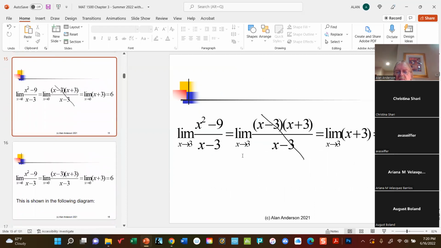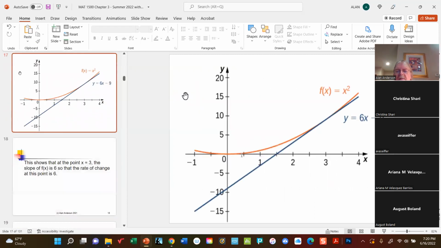All right, now we're going to do the same thing. Oh, and by the way, this is what it looks like. The book has kindly given us a graph so you can see exactly what happened. You can see the slope of both of them is 6. This is the tangent line at that point. Here's the 9. And so at that point, the slope of the tangent line is 6, which means the rate of change is 6.